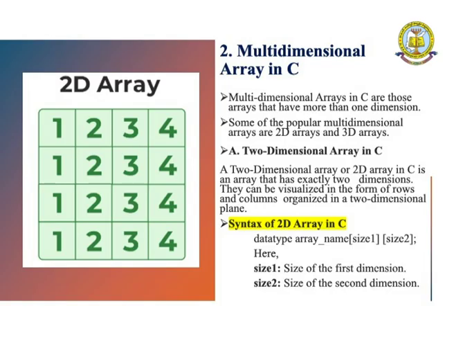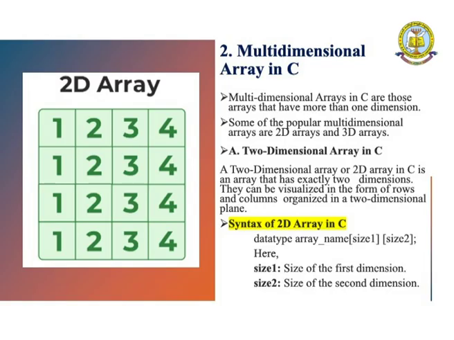You can see this picture in this slide, a 2-dimensional array. You can see 1, 2, 3, 4 in the first row and 1, 2, 3, 4 in the second row, 1, 2, 3, 4 in the third row and 1, 2, 3, 4 in the fourth row. In the same way, if you see the columns, 1 is represented 4 times in the first column and 2 is represented 4 times in the second column.